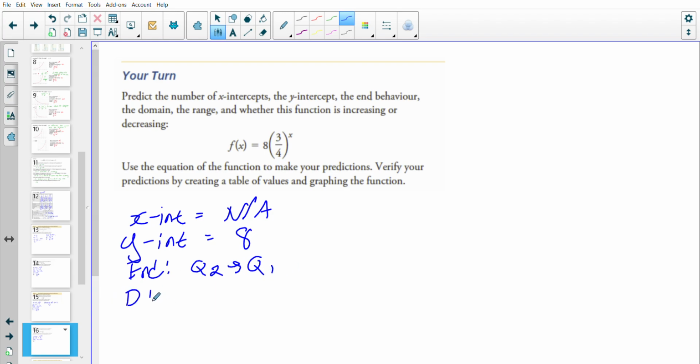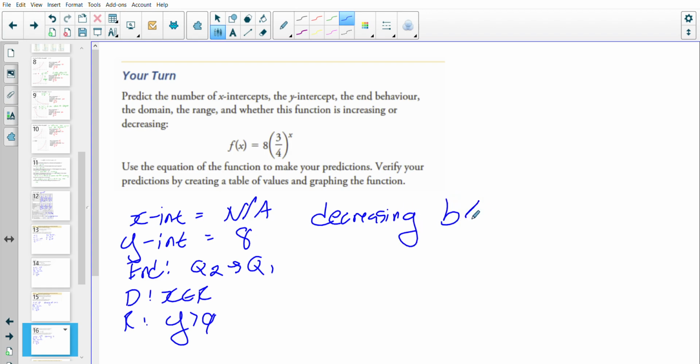The domain is x is any number that's real, and the range is y must be greater than 0. This function is decreasing because we have a b value less than 1. Plug that equation into Desmos, verify using the graph and the table, and come back when you've done that.